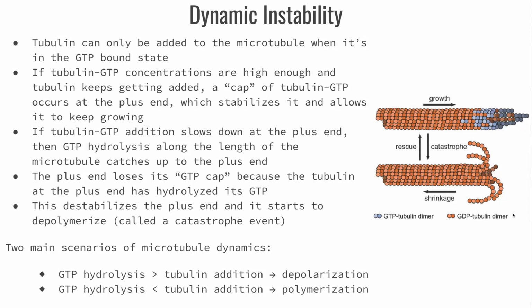So then you're going to get depolymerization. But if GTP hydrolysis is slower than the addition, that means you're going to get more GTP tubulin added at a faster rate than the hydrolysis is occurring down the microtubule. So you're going to get polymerization. This basically means you have a GTP cap because the tubulin addition is faster than the hydrolysis.